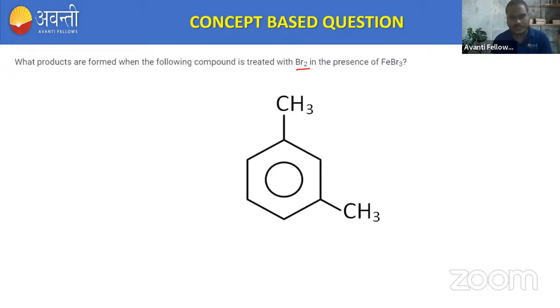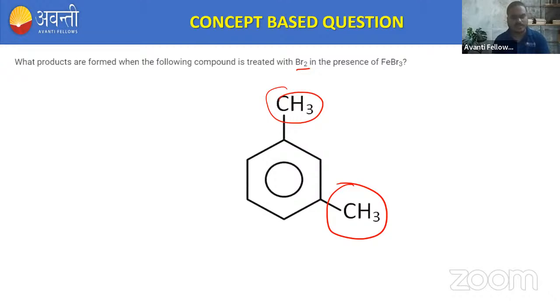So methyl group is ortho-para directing, but due to the steric hindrance generated by the two bulky CH3 groups, substitution will not take place on position 1. Hence, only two products are possible.